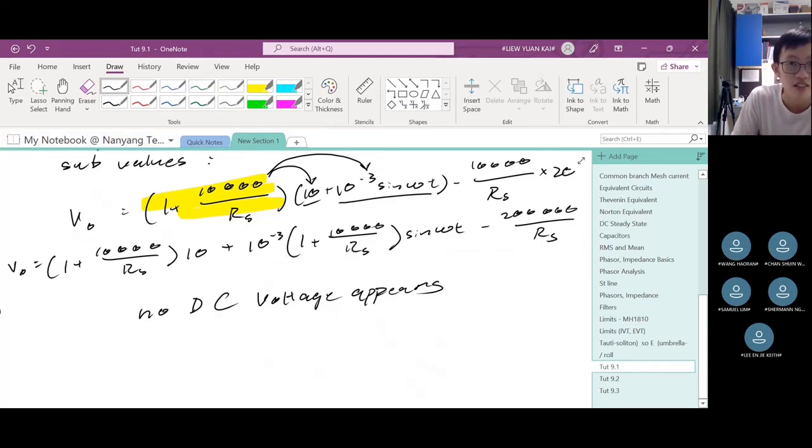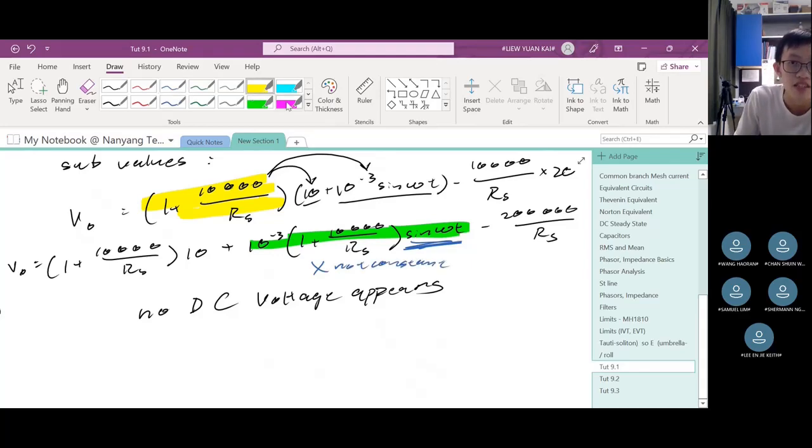So what is a constant value? For example, this term is not constant. Why? Because it has a sine term in it. If it has a sine term, then you know over time it will go up and down and up and down. So this thing changes with time, and therefore this is not constant.